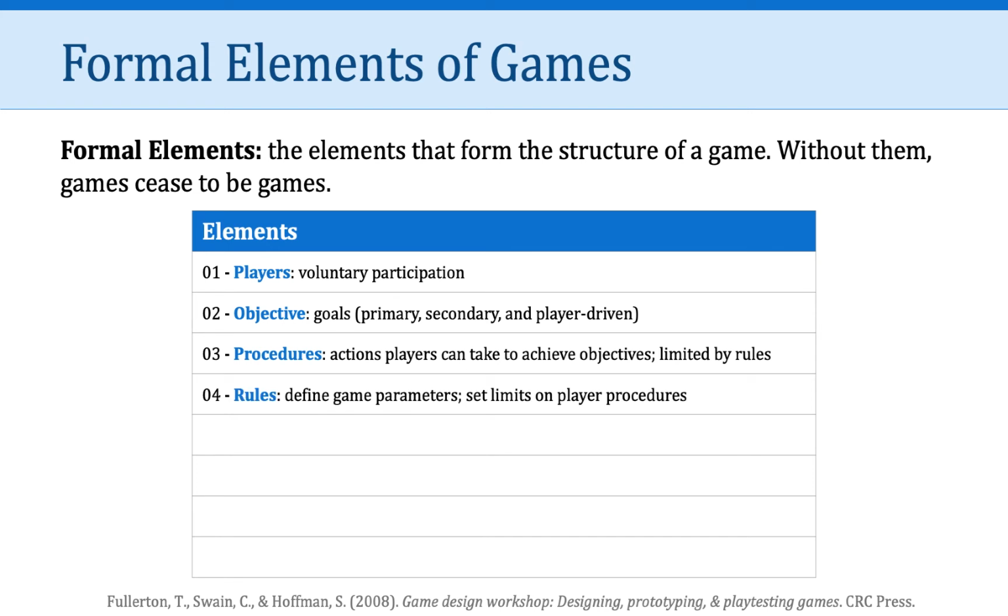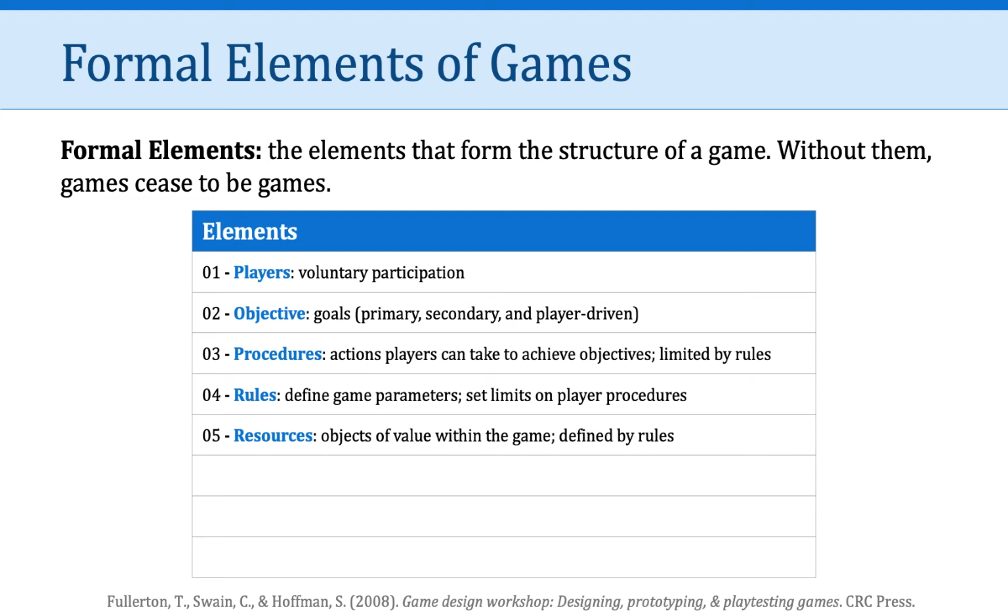That brings us to the fourth formal element, which are rules, and this defines what's allowable and what's not allowable within the game. In other words, it sets limits on what players are allowed to do or what actions they are allowed to take. The fifth category is resources, and these are objects of value within the game, and they are often defined by the rules of the game.